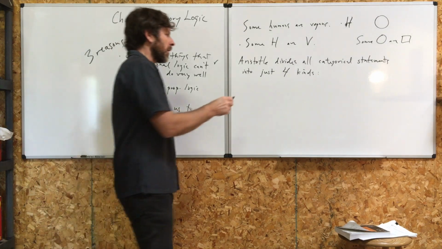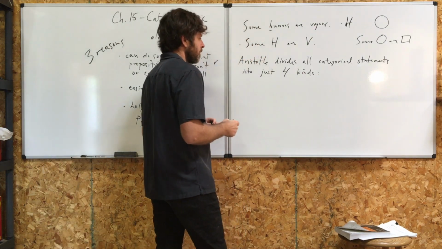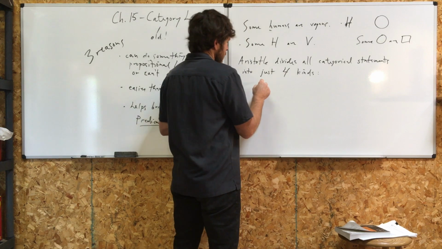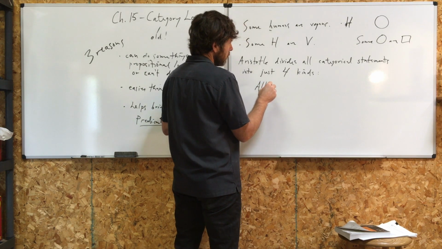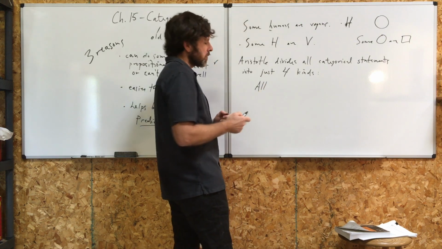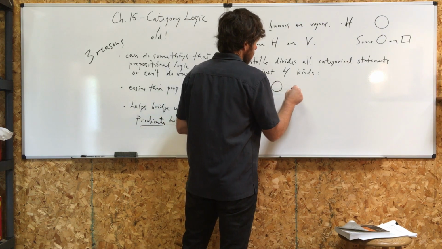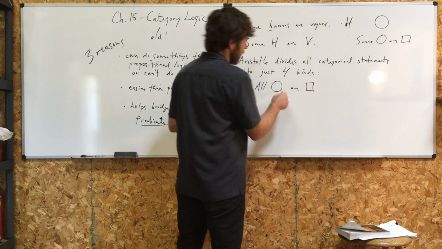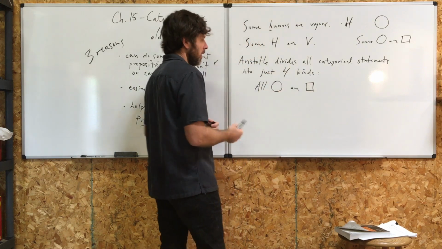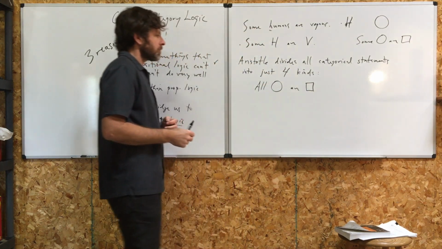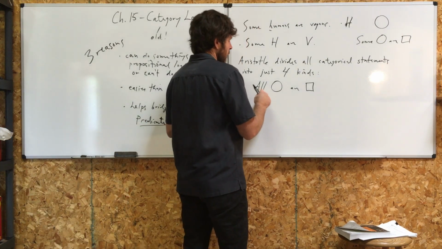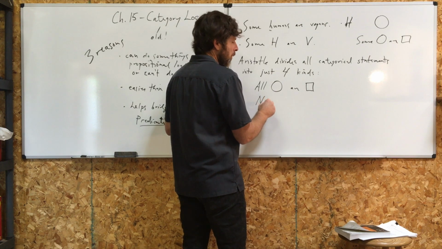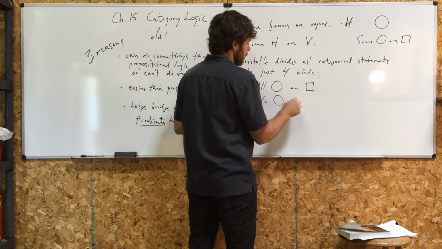And so let's talk about those four kinds of statements. The first, and let's use circles and squares. All circles are squares. And I'm not going to put an S in there, I'm just going to save some ink. All circles are squares. Okay? We'll talk about what these mean too. No circles are squares.